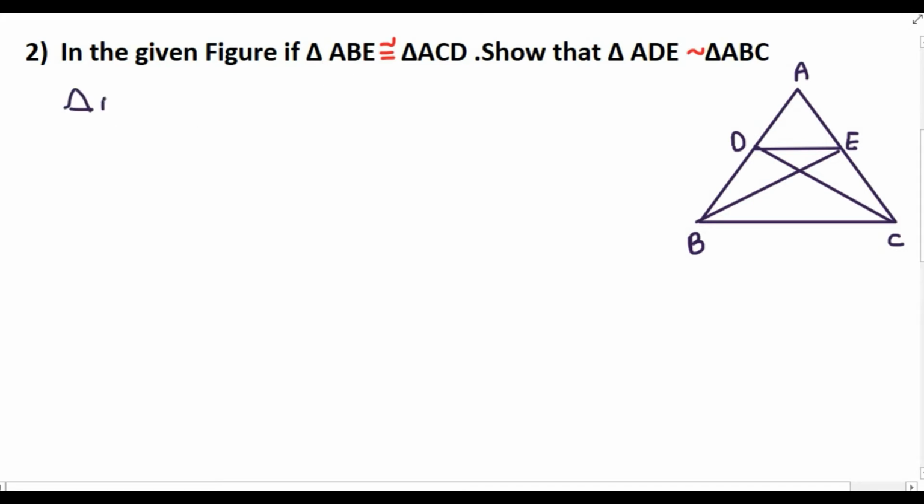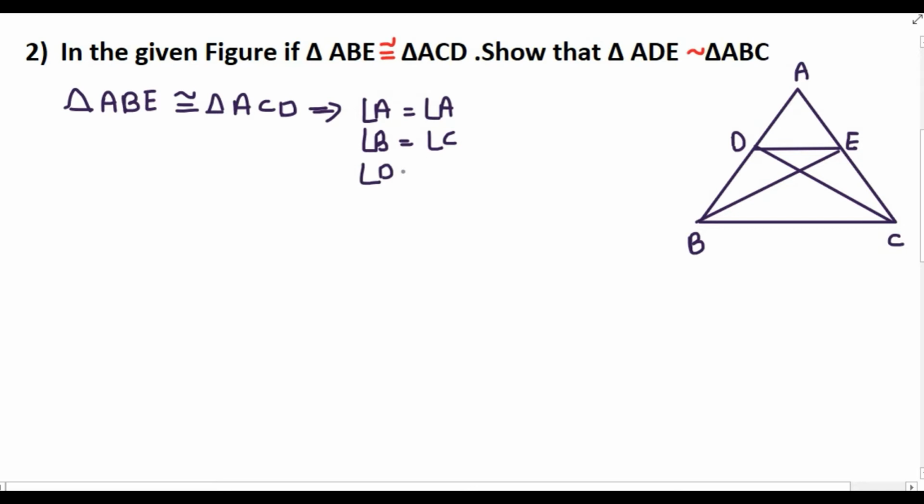They have given that ABE is congruent to ACD, that means angle A will be equal to angle A, angle B is equal to angle C, and angle D will be equal to angle E. Also the side AB will be equal to AC, BE is equal to CD, and AE will be equal to AD. So congruent means corresponding sides and corresponding angles will be equal.